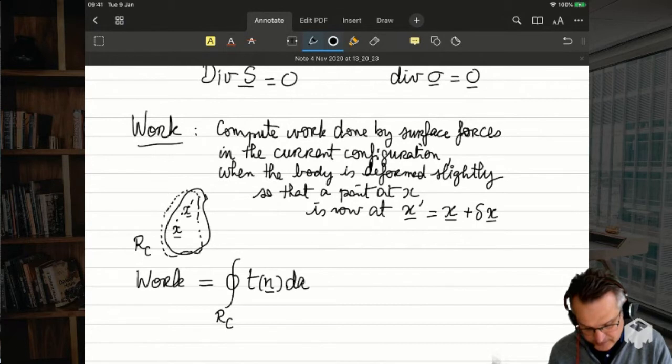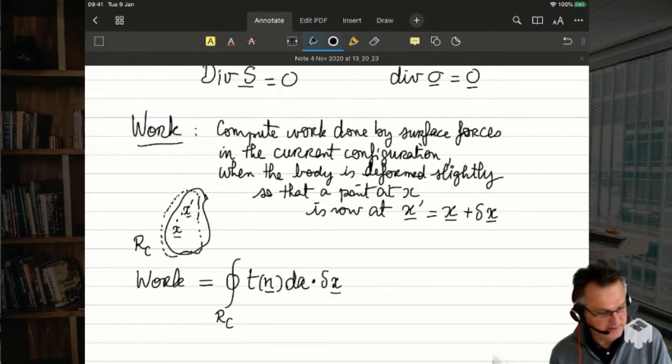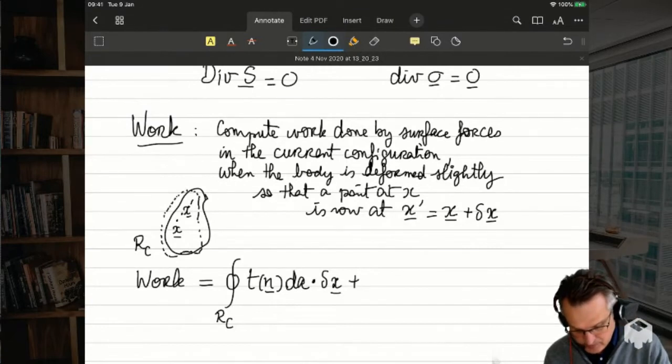That's t(n) dA, that's the force. And I need to integrate over the whole surface, and then take the dot product with delta x. Delta x is a vector. If I have u dot v, I can write that as v dot u. That's the same dot product.